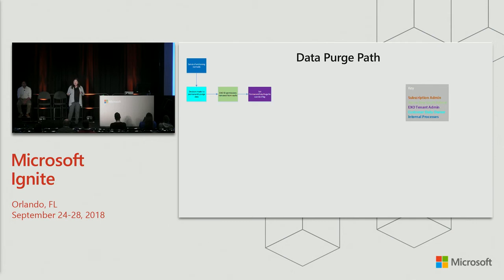Then the third person, the Exchange Online or SharePoint Online administrator, needs to make a change and set an attribute on that particular data encryption policy saying they are going down the data deletion path. So now we have 3 people that already have to collude in order to start going down this data deletion path: the 2 Azure subscription owners and the Exchange Online or SharePoint Online tenant administrator.